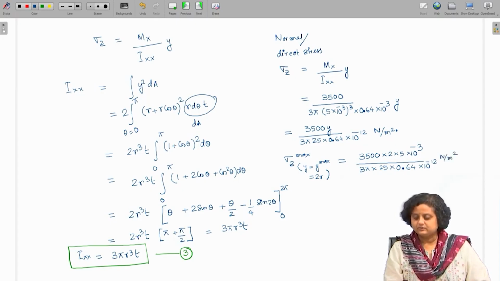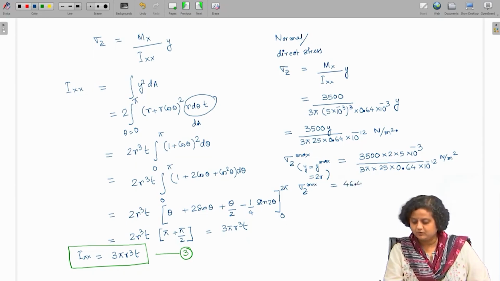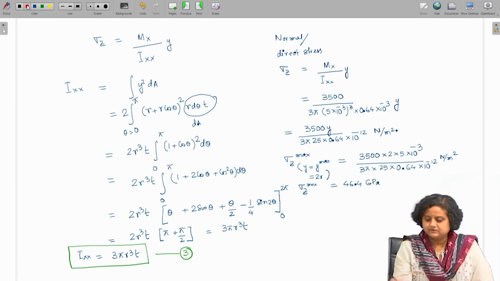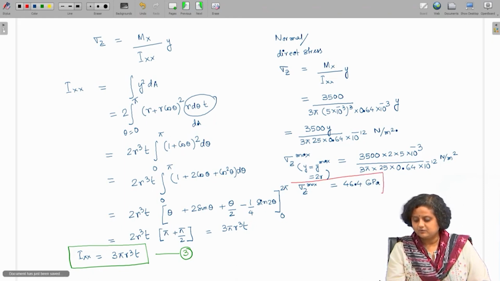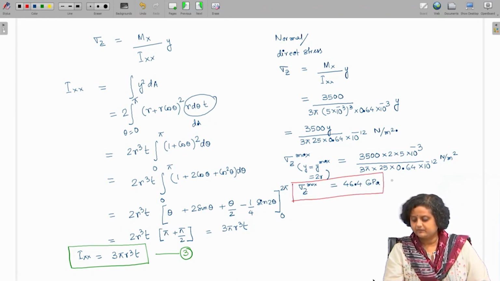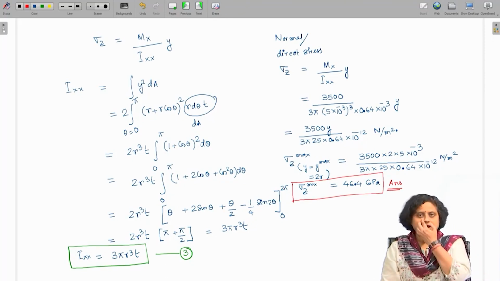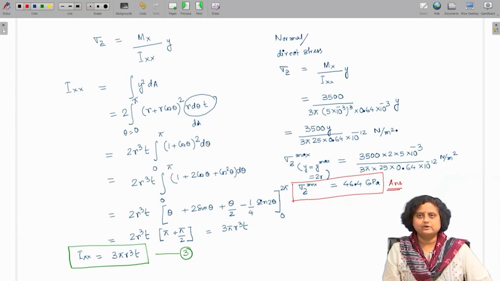If we calculate this further, we can figure out that sigma z max is going to be 46.4 GPa. So, this is the answer of the problem to find out the maximum normal stress or direct stress in the cross section.